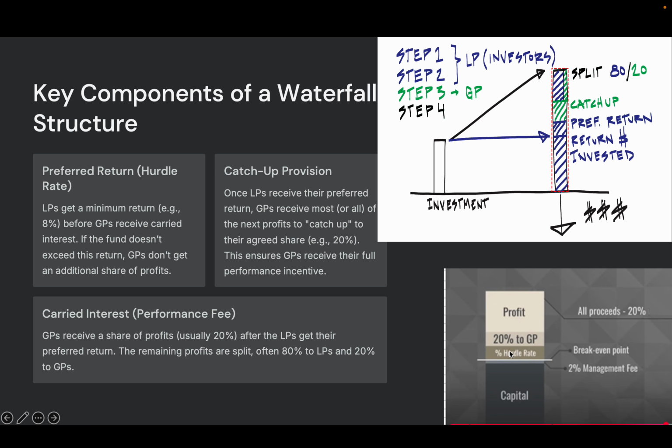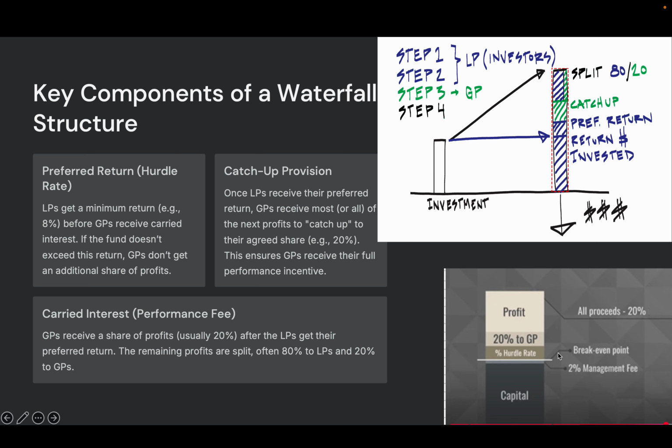In the next image you can see the capital, and here the management fee. Somebody may ask how the management fee goes, so we will go step by step. The capital is written, then the preferred return, then the management fee has been deducted.